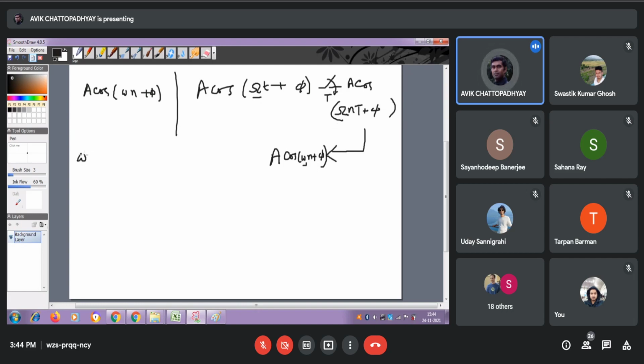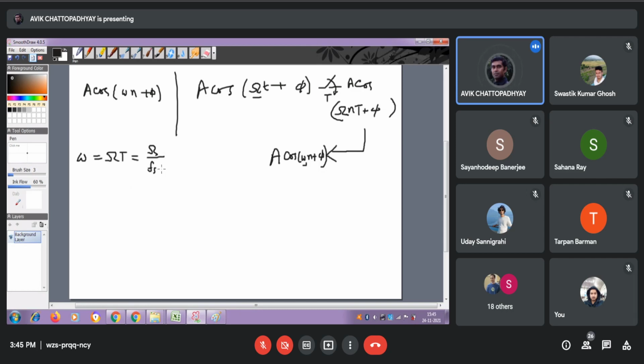So the small omega could be written as capital omega into T. Now what is T? T could be written as 1 by fs, where fs is the sampling frequency. The reciprocal of the sampling period is the sampling frequency fs, as you know.